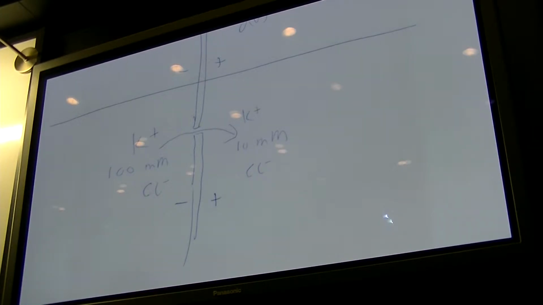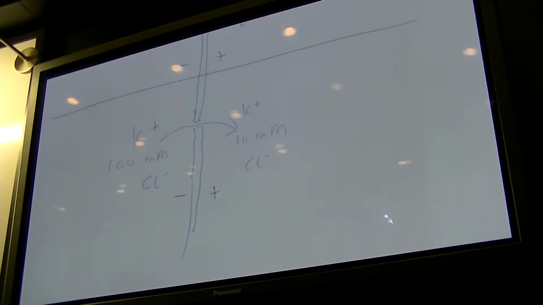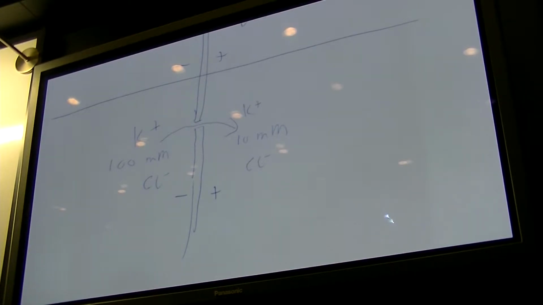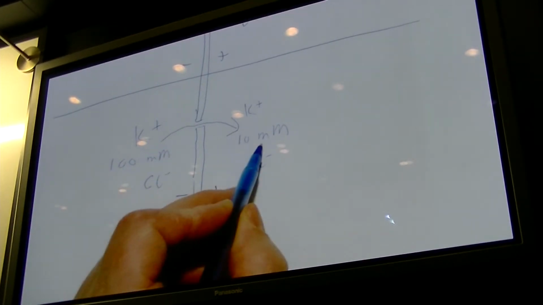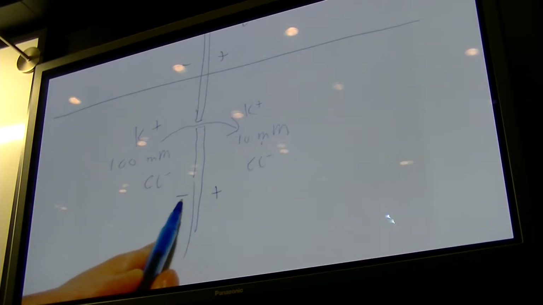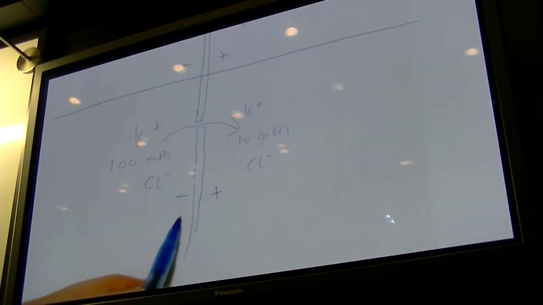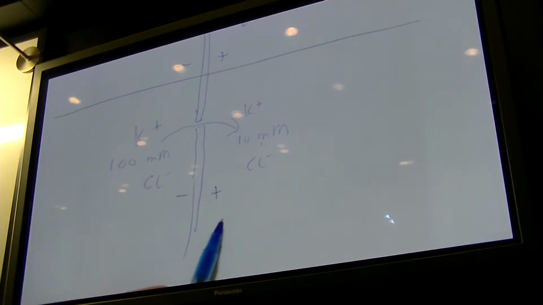The membrane potential that results will be the membrane potential that has a magnitude such that it completely eliminates the energy that is stored in the potassium gradient. So, potassium moves down gradient favored by concentration. But if the membrane potential builds up, there is a membrane potential at some point that counteracts that potassium movement.